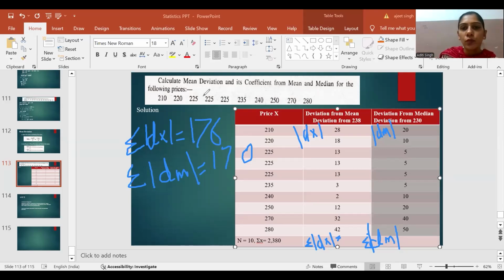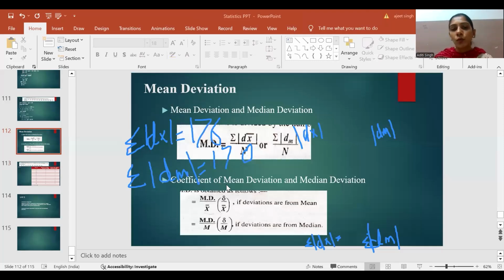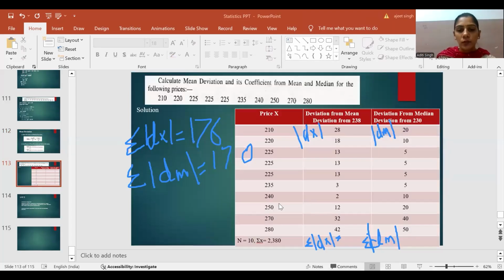Okay, so in this next stage, we have to put all these values in the given formula. So now let's calculate the mean deviation and the median deviation.